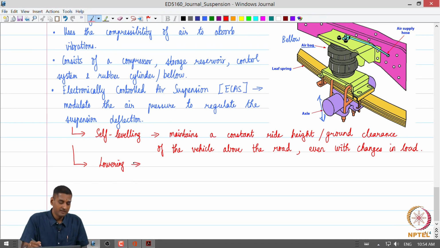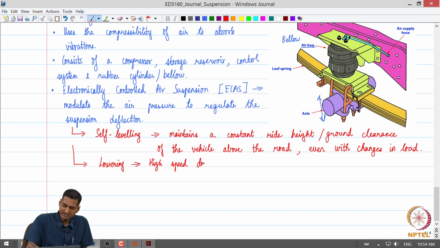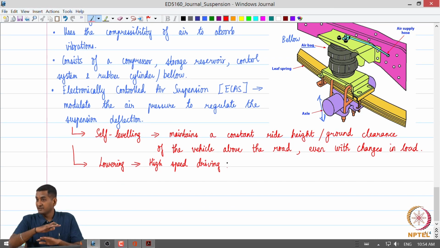vehicle body, particularly when we are doing high speed driving. See, for example, we have high speed buses. If the roads are pretty good, we are going on nice highways at high speeds, this air suspension can also be used to reduce the body height. Why?